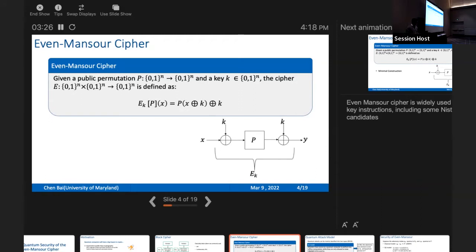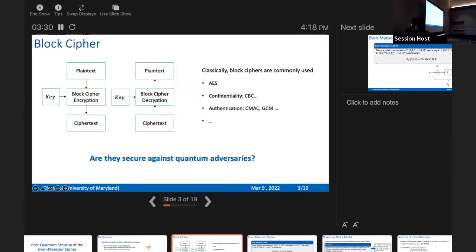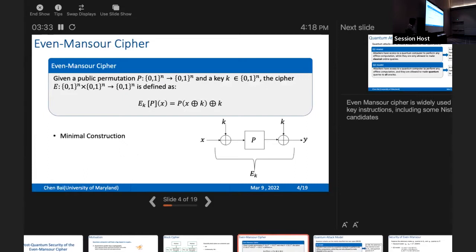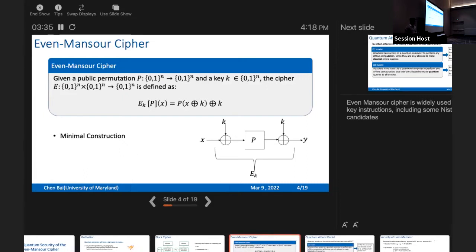So here is the definition and the sketch. This is a minimal construction since the block cipher E_K is constructed only from one public permutation P and two XOR operations. And it has been proved that eliminating either one of the two XOR operations makes it easy to recover the other key. So basically, you can't make it simpler.